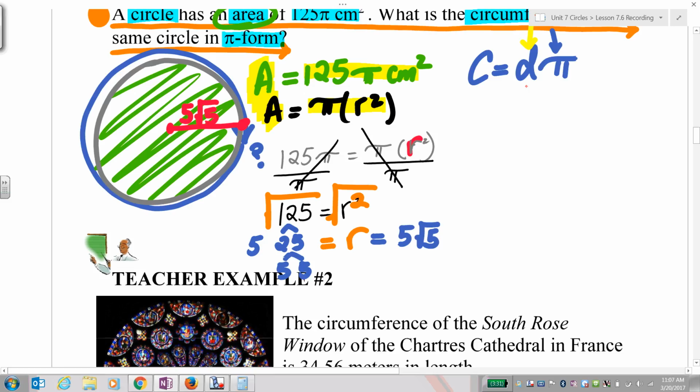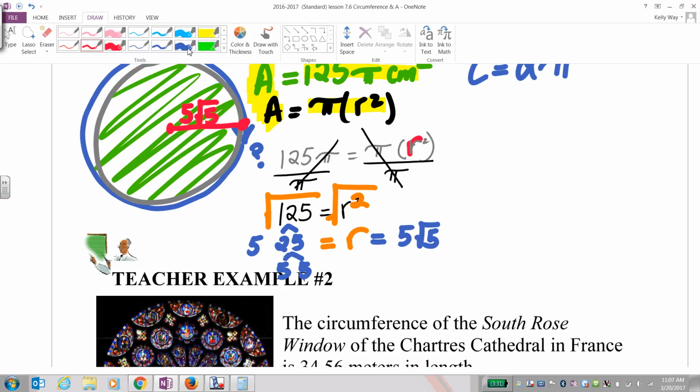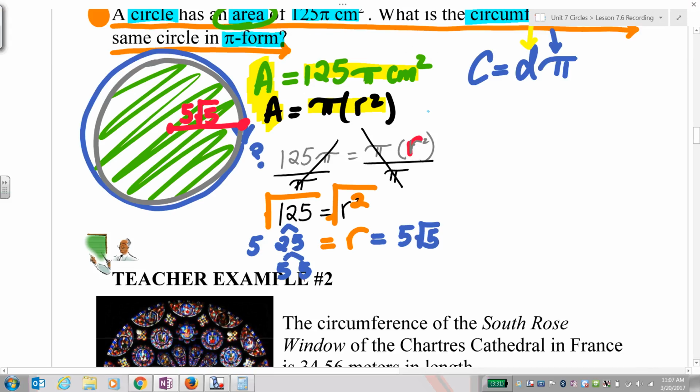So come over here, we want a circumference. The problem is, given the radius, so circumference equals 2 times pi times 5 root 5.